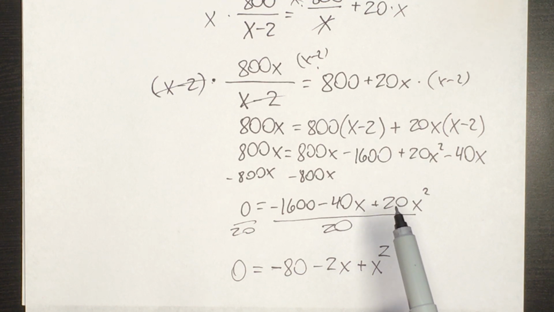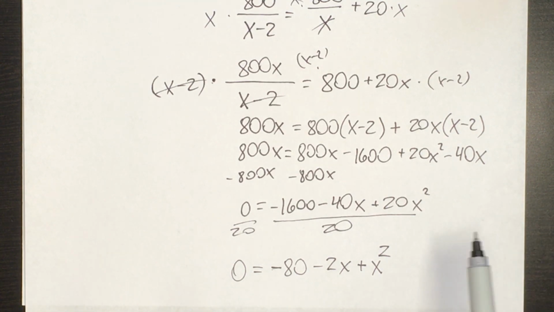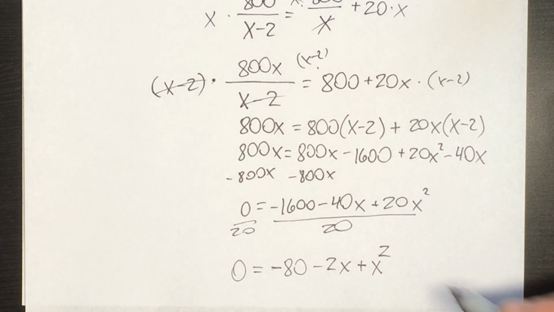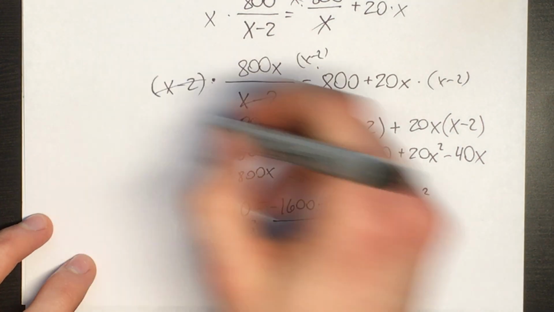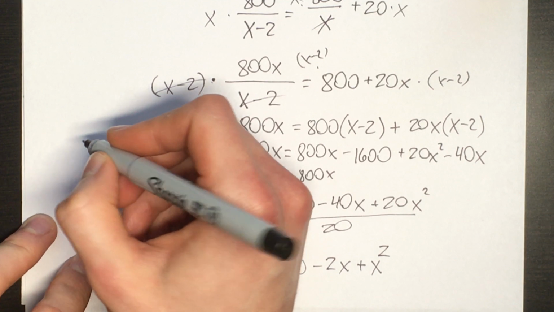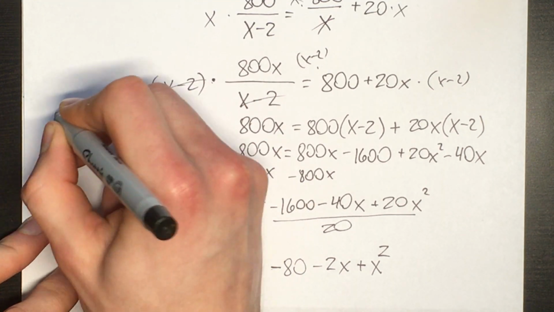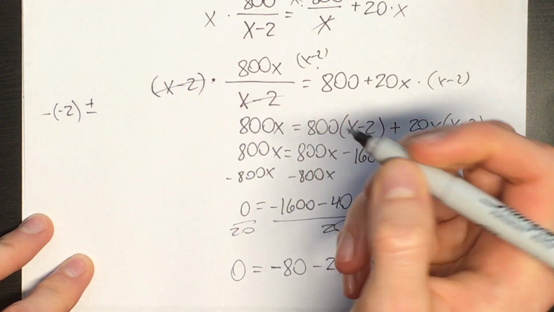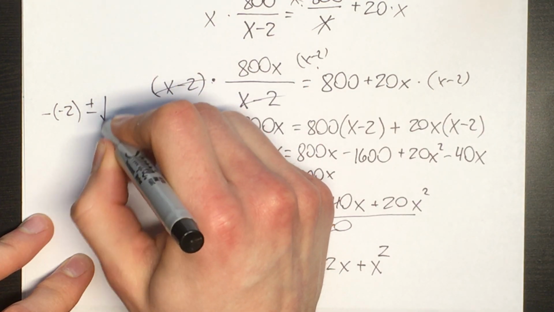Because if I can't, I'd rather not, but I might just have to. Yeah, I'm just going to do the quadratic formula. I can't figure this out fast enough. If you can, then good for you. If you figure it out, then you set your factors equal to 0 and get your values of x. So let me do the quadratic formula over here real quick. Negative b, so negative negative 2, plus or minus. I told you guys I wasn't good at factoring.